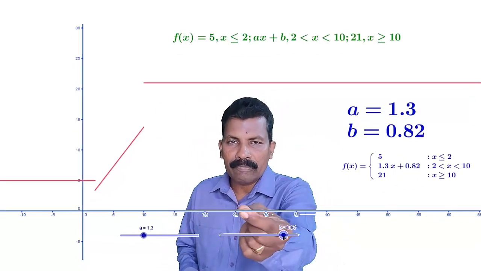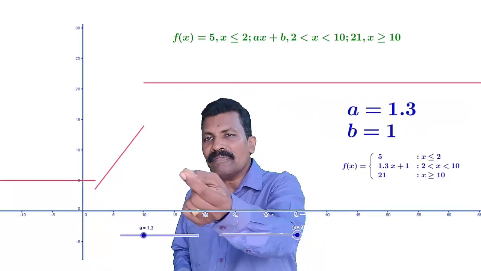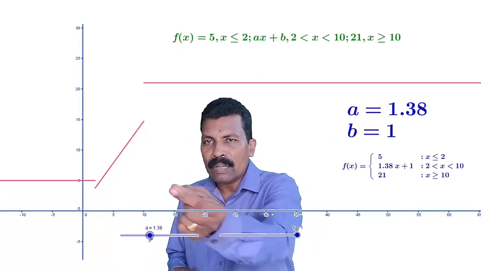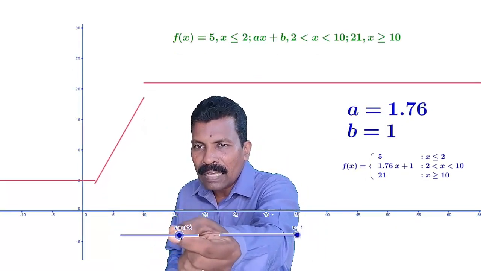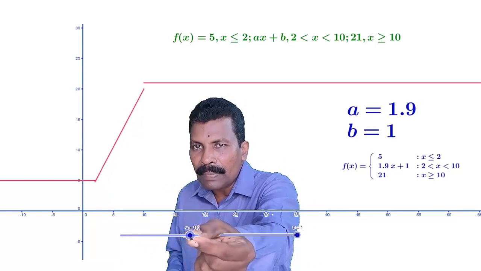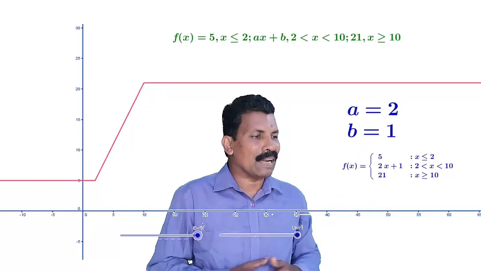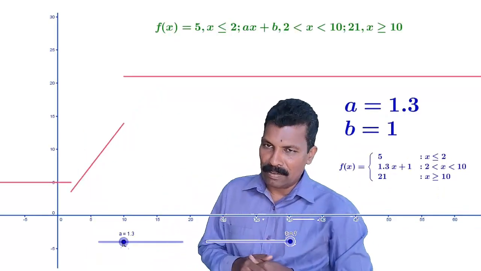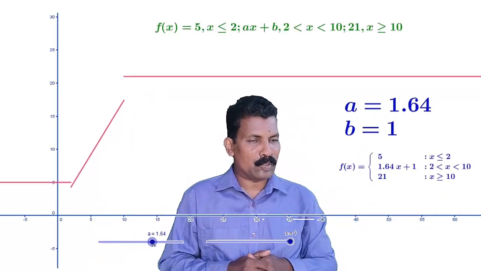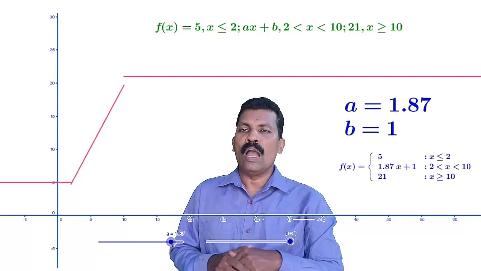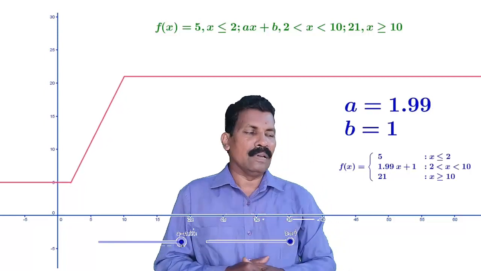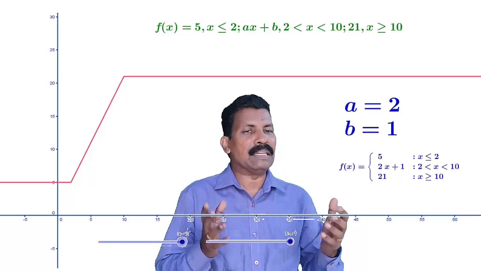Now you see, when b is becoming 1, the graph is changing, but it is not continuous. Now we change a like this, then finally you see, when a is equal to 2, all the three pieces got connected and there is no break at all, so the function becomes continuous. So when a is equal to 2 and b is equal to 1, the function becomes continuous.